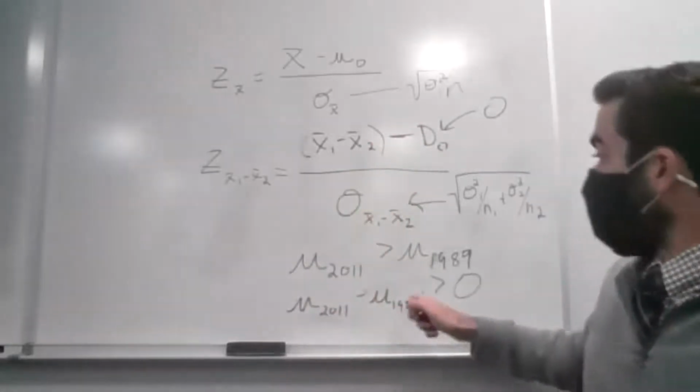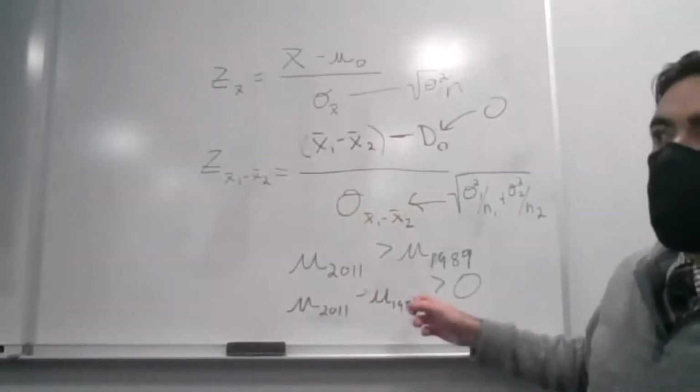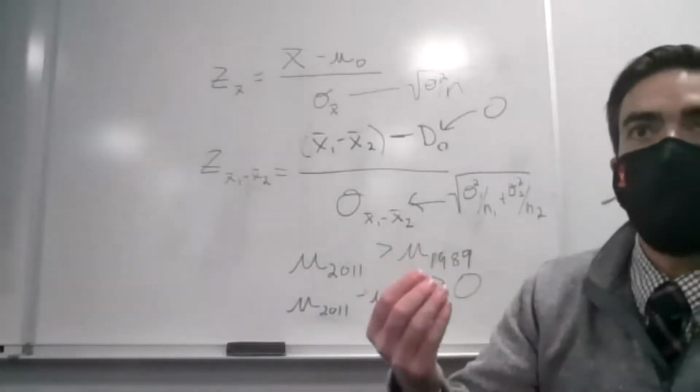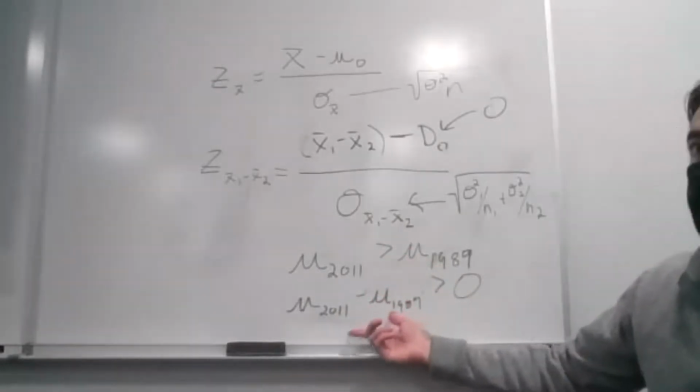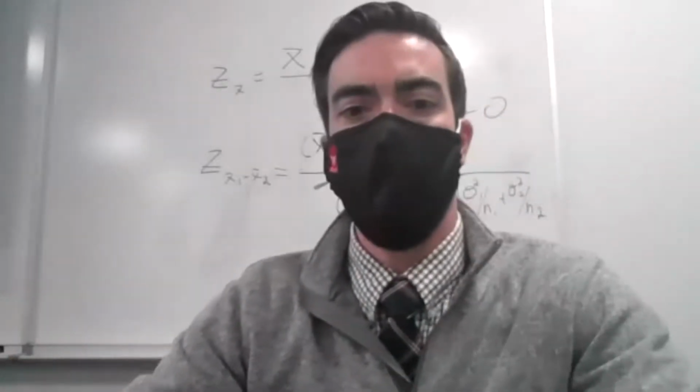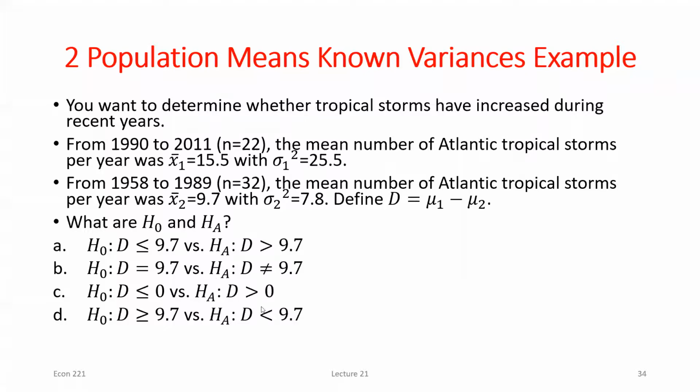So if that's what I want to test for, what would I assume is true? I assume the opposite of that, and that's my null. So I'll assume that the difference is less than or equal to 0, right? So less than or equal to 0 is what I assumed was true, because what I wanted to find is that difference greater than 0.